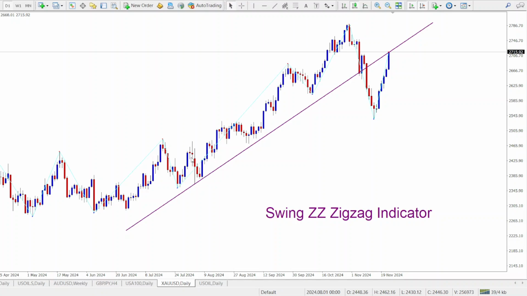So if you enter a buy trade after getting a confirmation, when this impulse move began, you can enter a buy after this bullish engulfing pattern formed right after this doji, and then you can set your stop loss below the previous swing low.